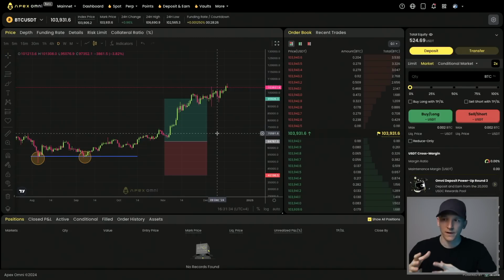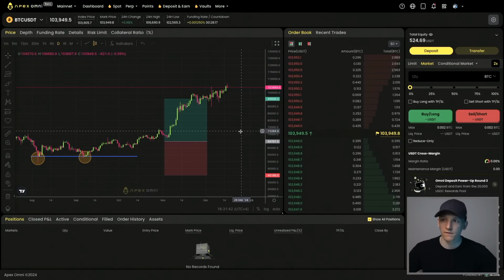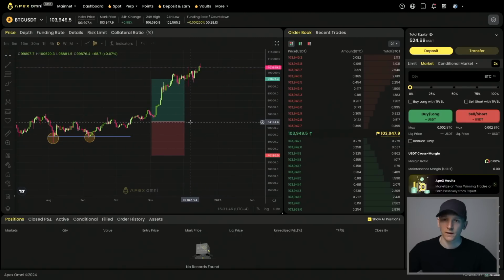And essentially, if I know my stop loss here is 30% down, that means I can use just up to 3x leverage and take no more risk. Let's just call it 2x for simplicity.